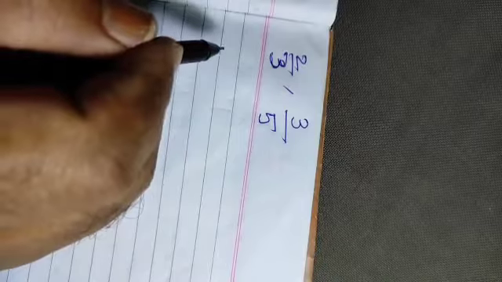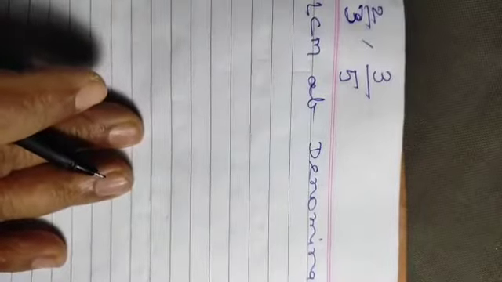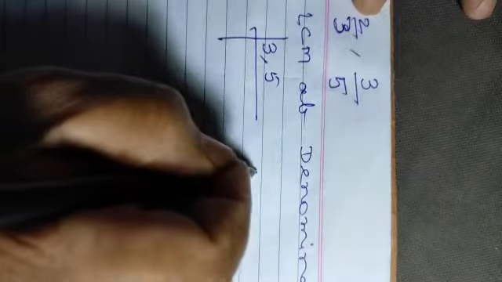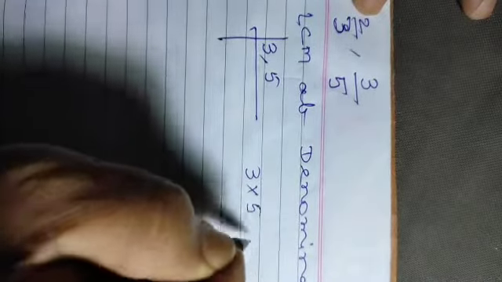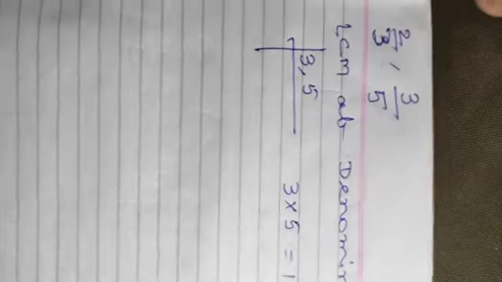How can we change? We have to take the LCM of the denominators. Let us take the LCM of the denominators 3 and 5. The LCM will be 3 into 5, means 15. So the LCM will be 15.